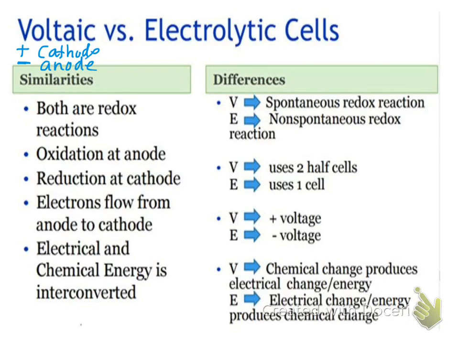In electrolytic, it's a negative cathode and a positive anode. So the polarity of the electrodes switch. Okay? So write that down on page 186. Even if you're not doing your notebook, you should still write that down because it's a good thing to study for the test.